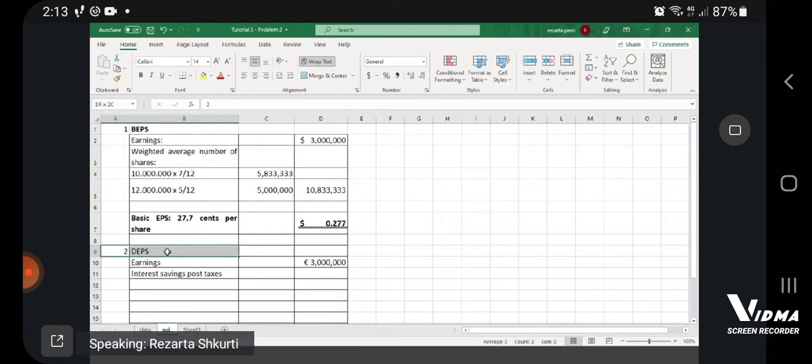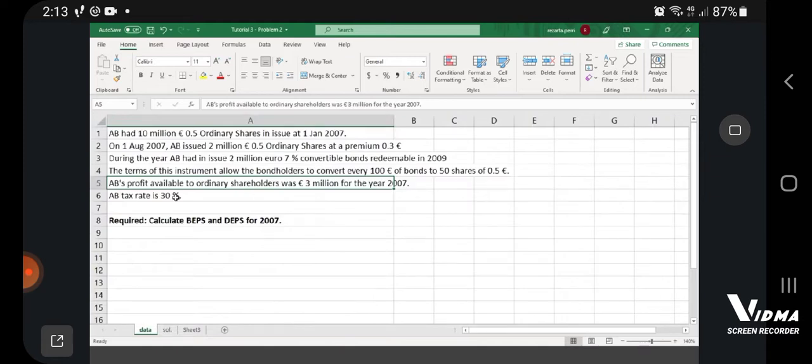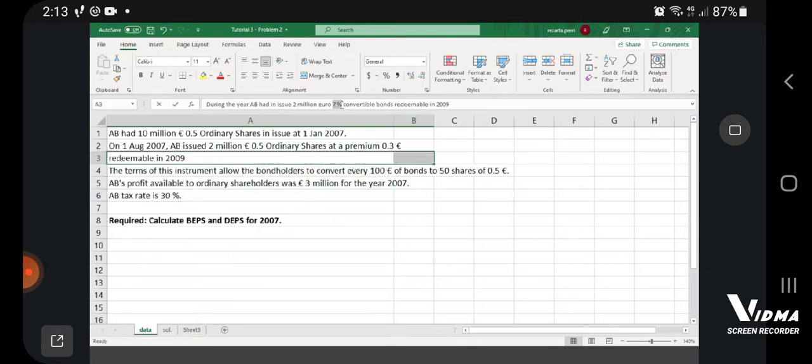In case we assume the conversion of these convertible bonds over here, in case you assume that they are going to be converted into ordinary shares, remember that this 7% of interest will be saved, will be not paid anymore.